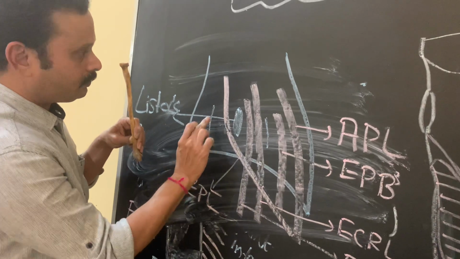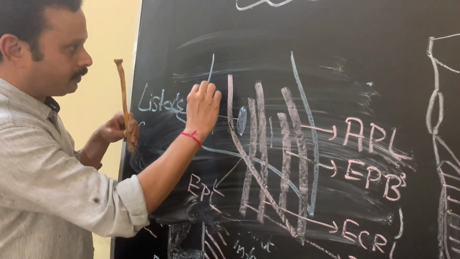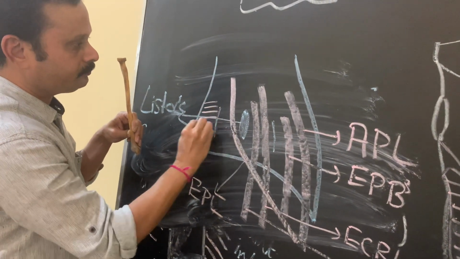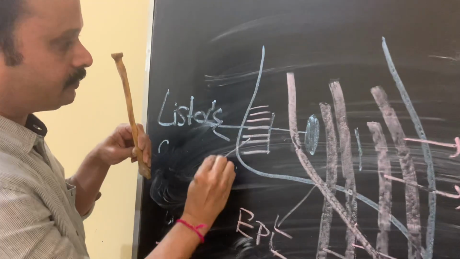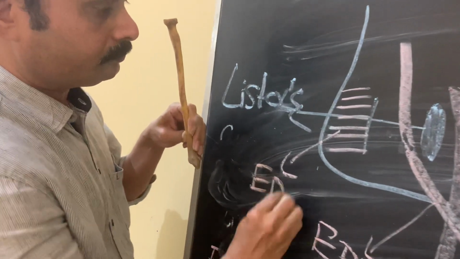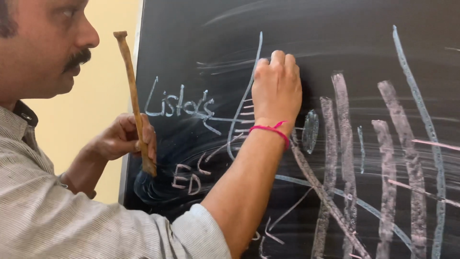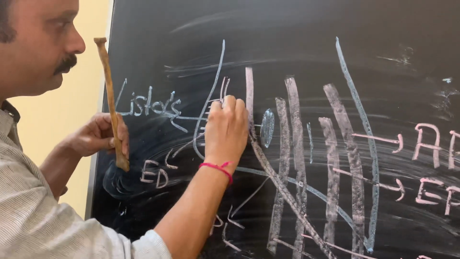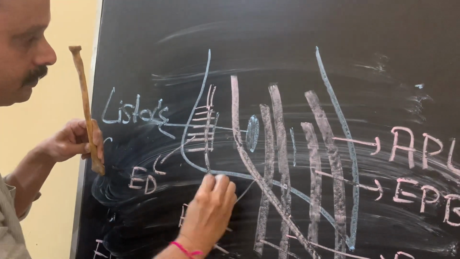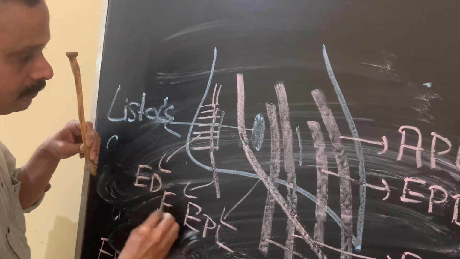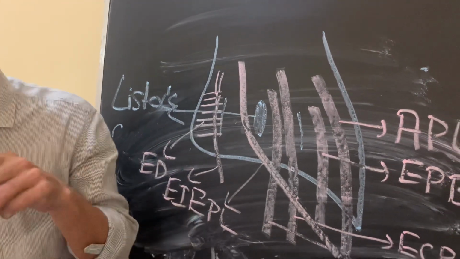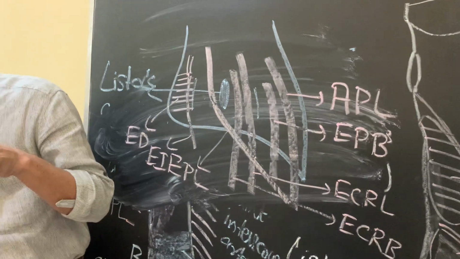Then in the fourth groove we have extensor digitorum muscle, and under cover of it, extensor indicis muscle, and it is also related to the posterior interosseous nerve.